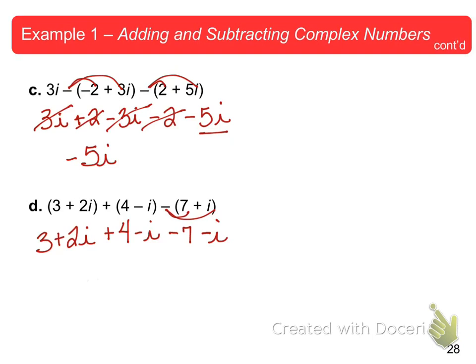Okay, 3 plus 4 is 7, and then I've got minus 7. So what do I have? 0. 2i minus i minus i. What does that give me? Okay, so my answer to that one is 0.